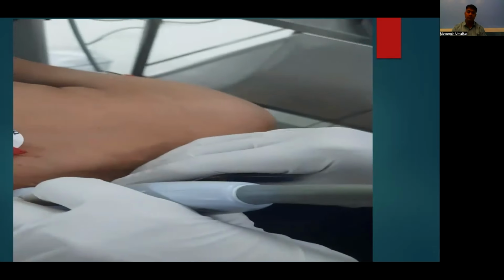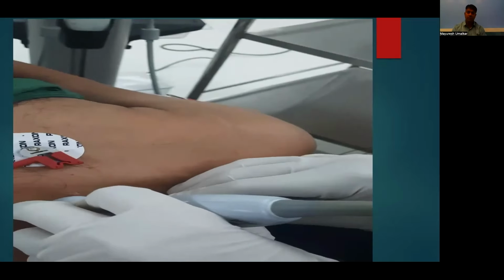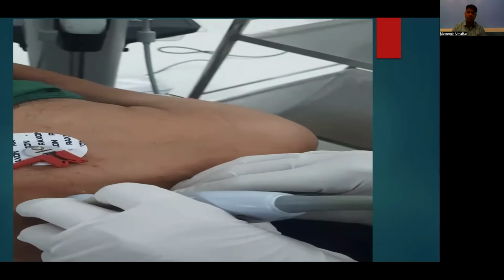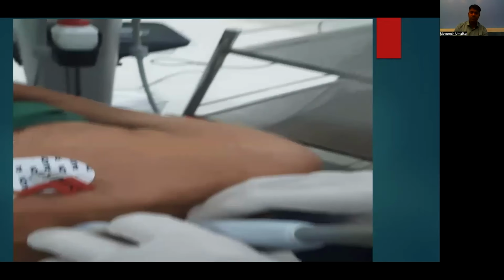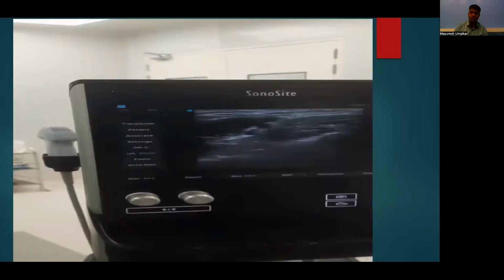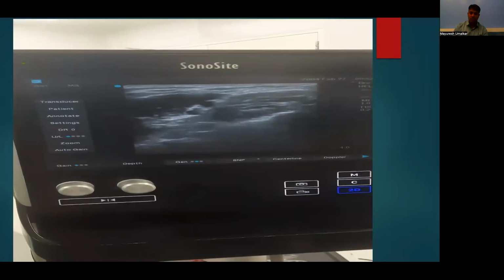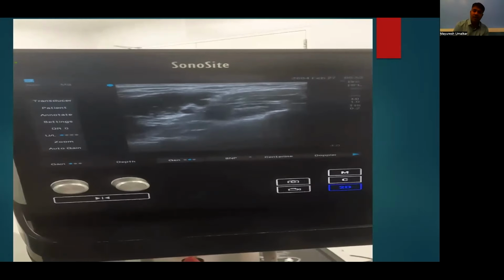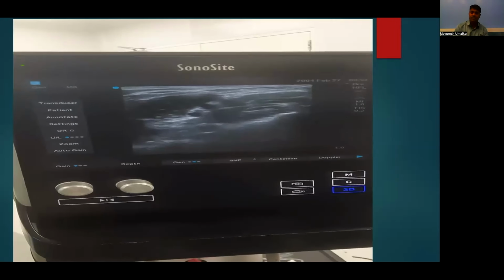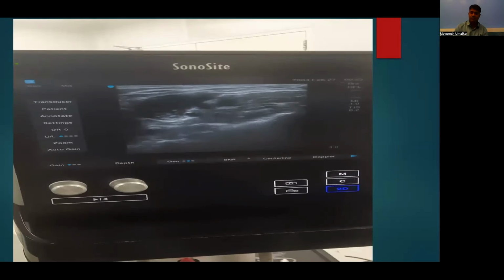So you can see the stimulation here. Reduce to 0.2. Okay, aspirate and inject. Spread at 90 degrees. You can see the spread of the drug near C5 and C6. So we can see the spread of the drug in the interscalene groove.